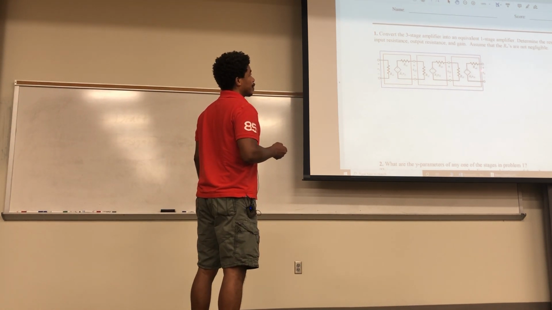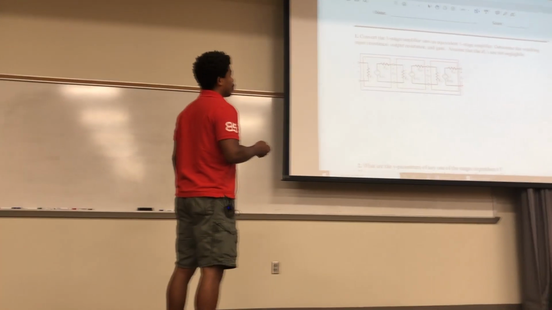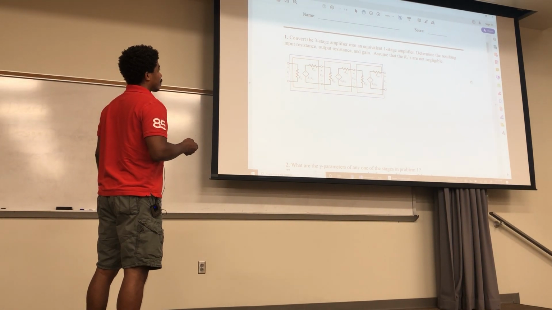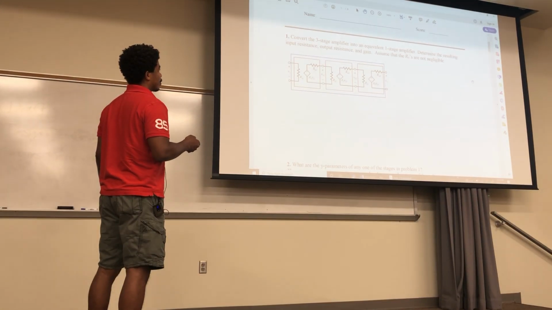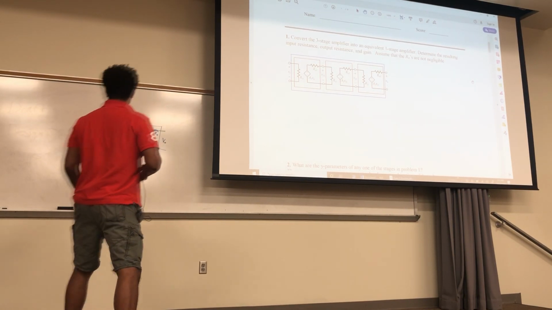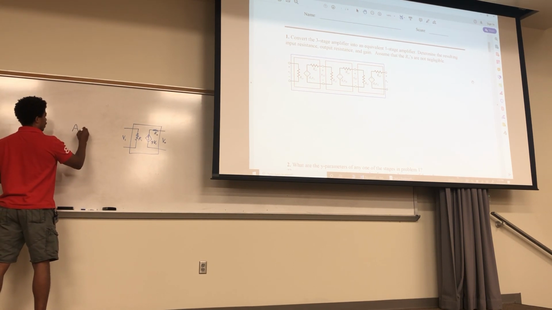Now let's assume that there's nothing connected right here, so this is open. What's this going to be? So you have this output over that input, right? So the gain here is just going to be your A3.